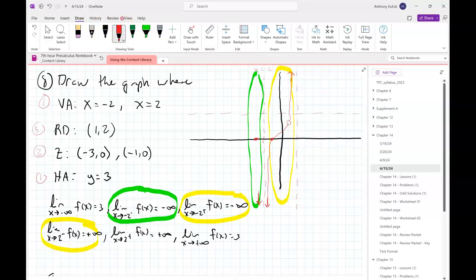And I know that it's got to go through the 0. And then I shouldn't cross the horizontal asymptote at the end, so I know it's got to be doing that. And notice that this piece matches what I'm seeing there, that as we're going to -infinity, we're sticking right along y = 3.